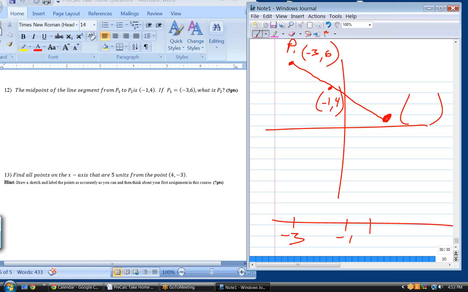Okay, and then keep going in the same direction by 2 more units down. In other words, if I've got to go 2 units to get to there, I want to go 2 more units in the same direction. That gets me to a +1.